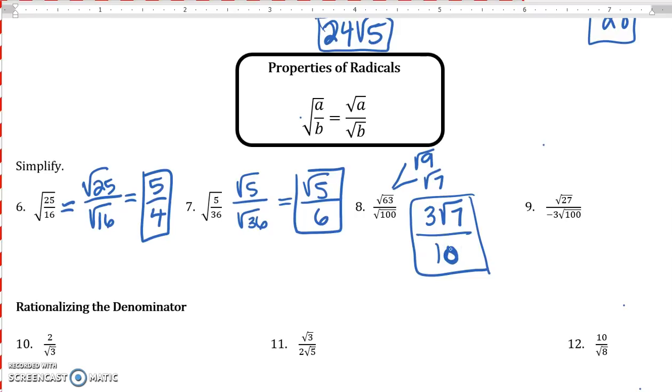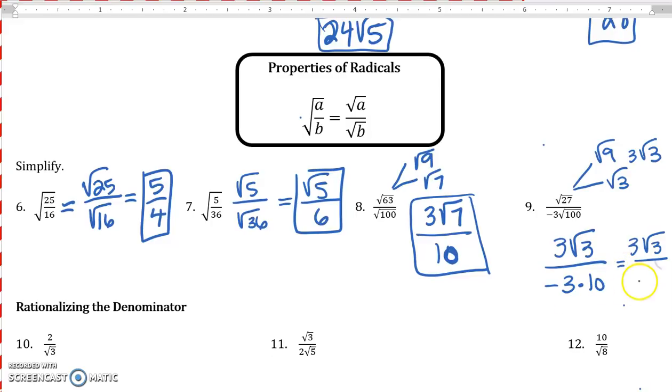Number 9, the square root of 27 is the square root of 9 times the square root of 3, which is 3 root 3. So I have 3 root 3 over negative 3 times square root of 100, which is 10. So I have 3 root 3 over negative 3 times 10 is negative 30. And this is what I was talking about with the simplification.